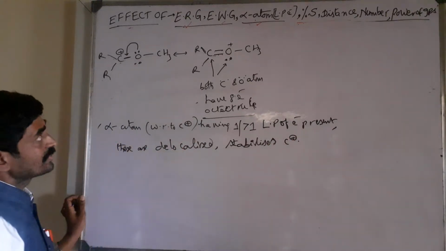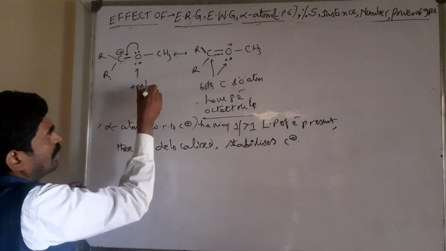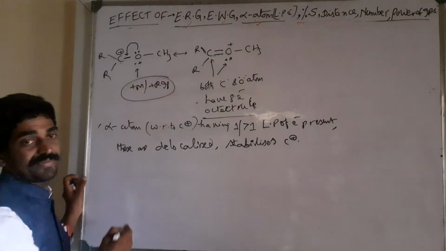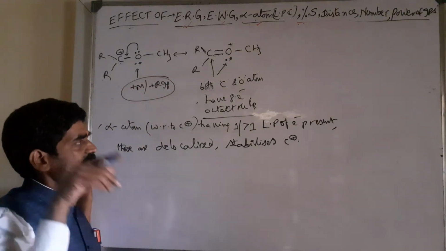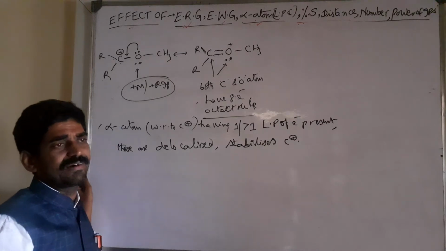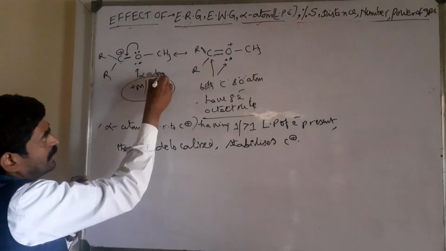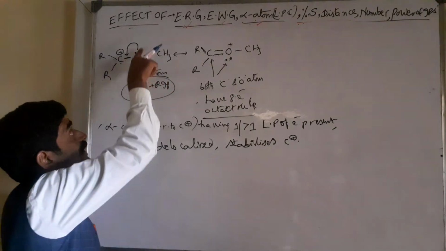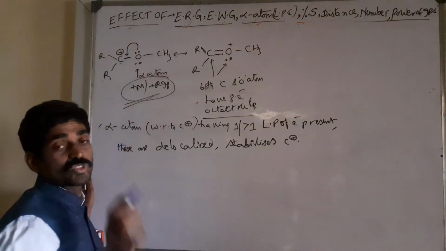Okay, so this group we can call a plus M group or plus R group, that is, a positive resonance effect group or positive mesomeric effect group. Is it clear? That means if the atom adjacent to a carbocation has a lone pair of electrons, then that can delocalize and stabilize the carbocation. That effect we have to call the mesomeric effect.